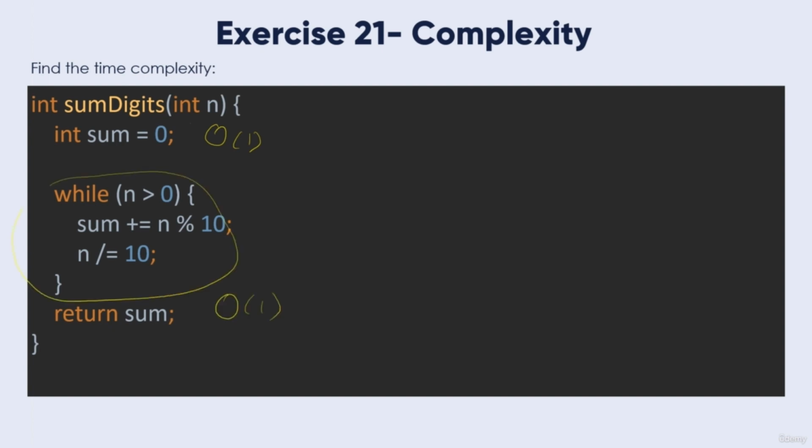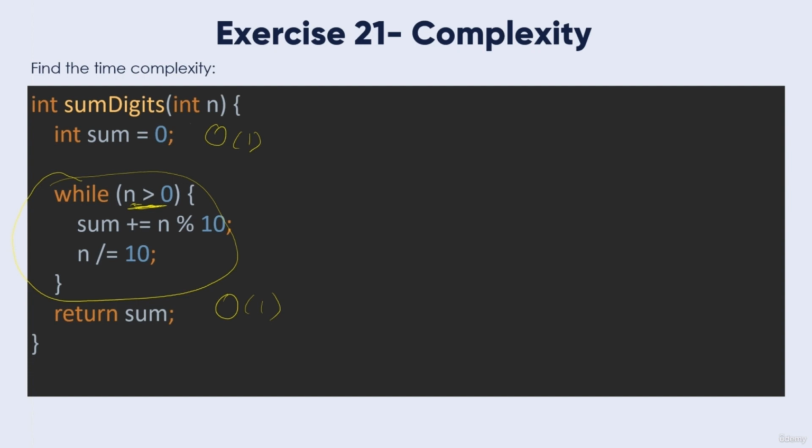The while loop here will determine the complexity of this question. While n greater than 0, we have sum equal to the old sum plus n modulo 10. So we are dividing n, the entered n, by 10, and now the new n will be n divided by 10.